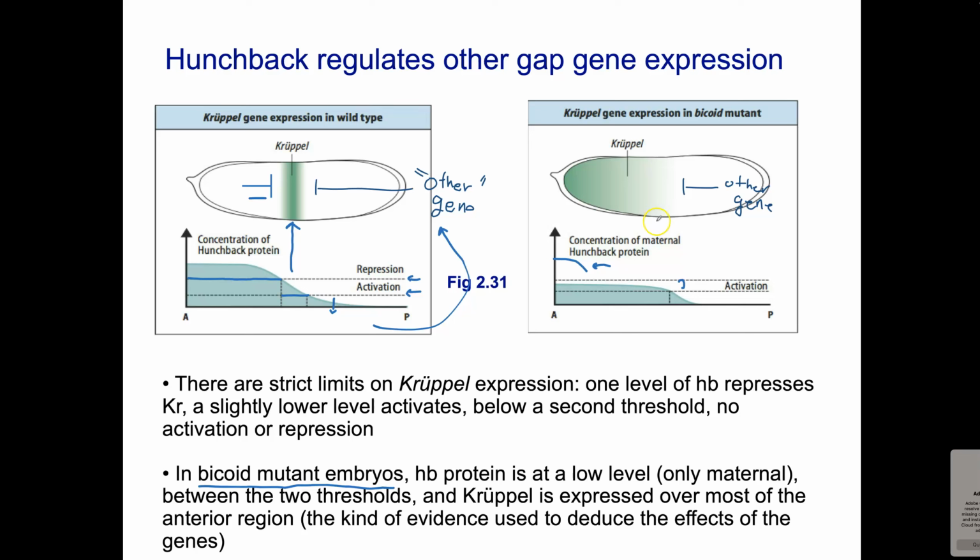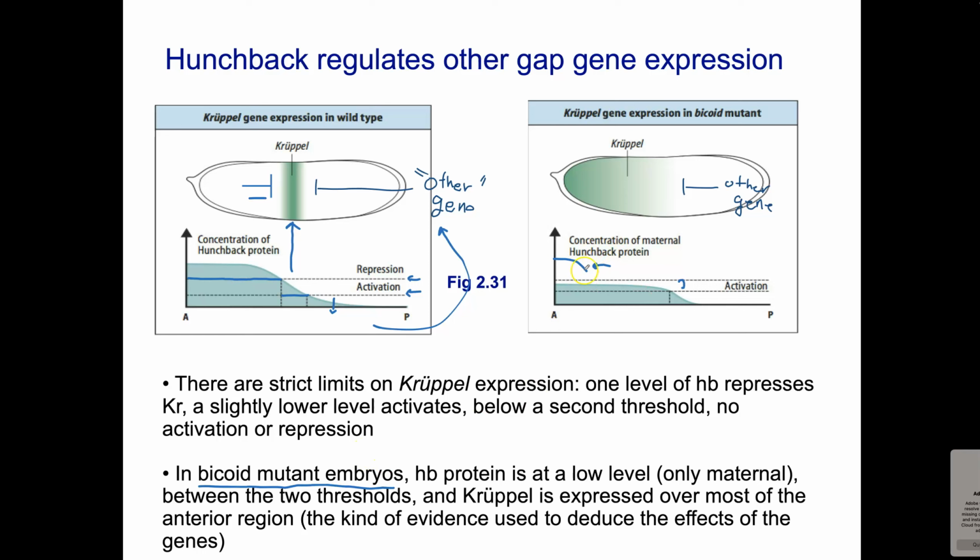And so this is an example of the kind of experimental evidence that indicated what exactly hunchback is doing. When it's above a certain amount, it represses and it keeps Kruppel from being expressed right in the most anterior region, keeps it to approximately the center of the embryo. And this other gene or set of genes is keeping it sort of limited on this side.